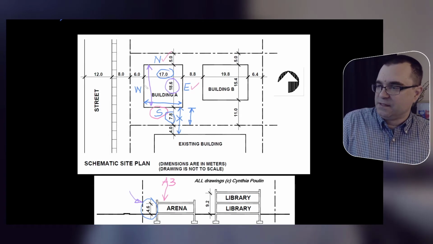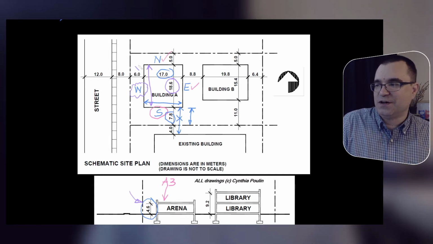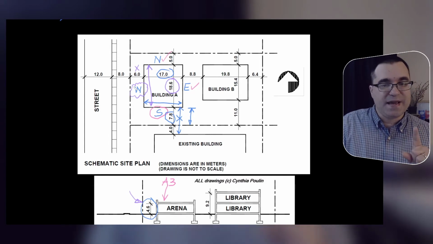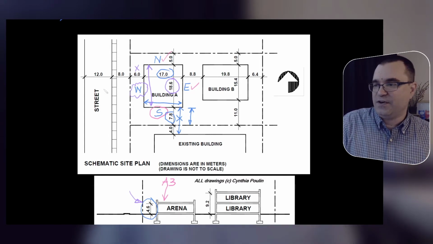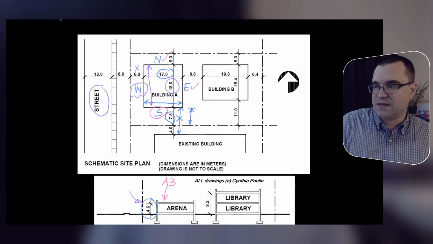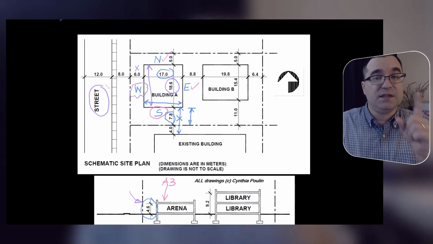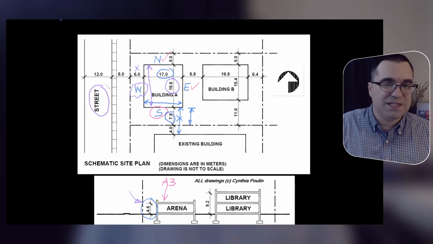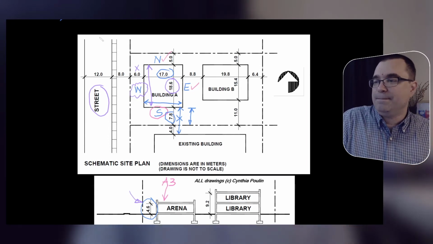And then the limiting distance for the west face, well, it's not 6, even though that's the distance to the property line. Instead, because the west face is facing a street, if you read the definition of limiting distance, when a face of a building is facing the street, it's to the middle of that street.